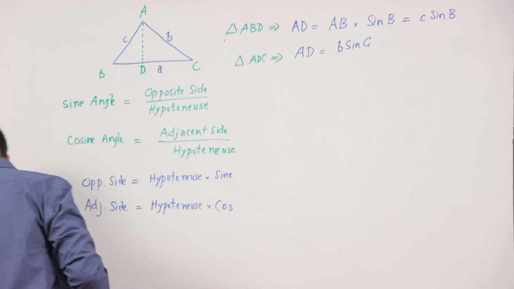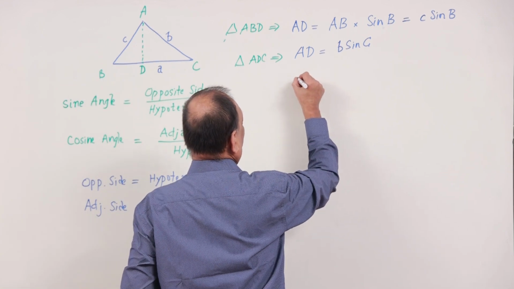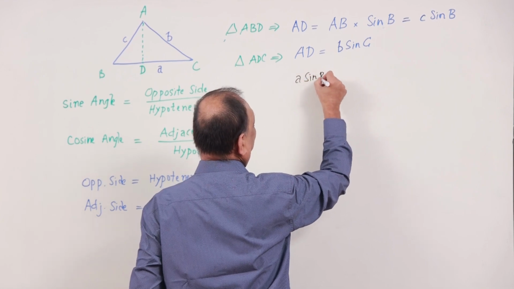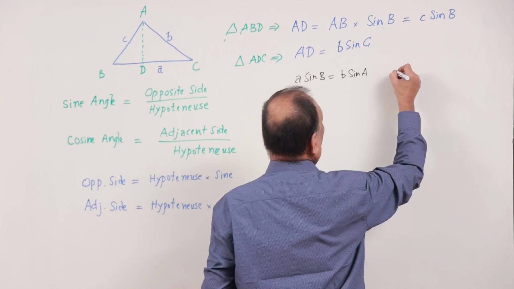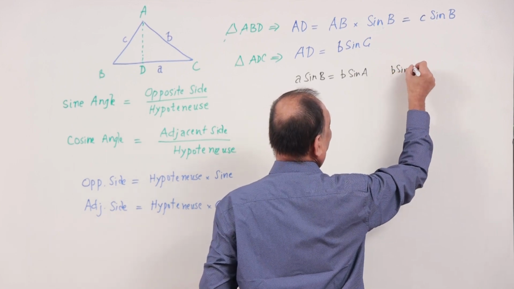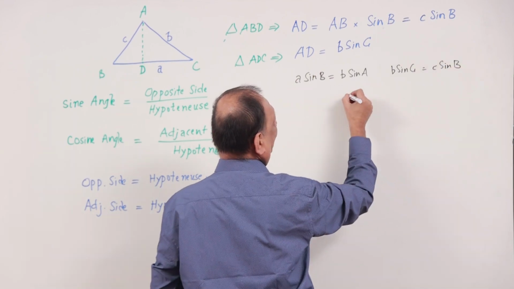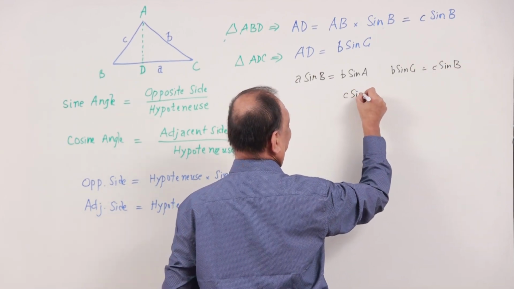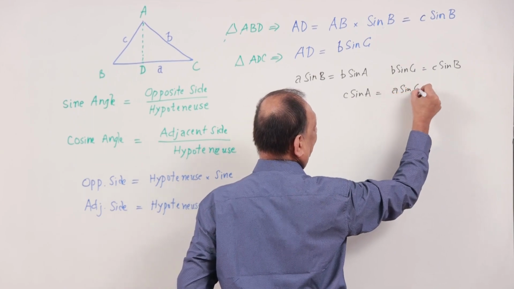How many such equations will you write? 3 such equations. So a sin B is b sin A. b sin C is c sin B. And c sin A is a sin C.